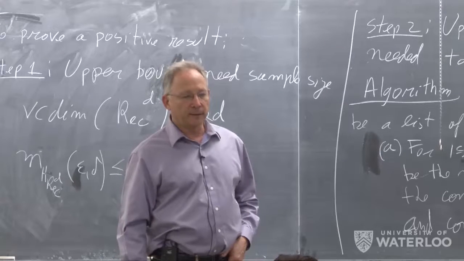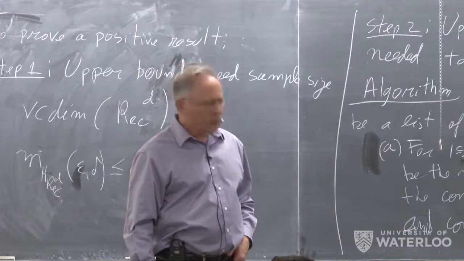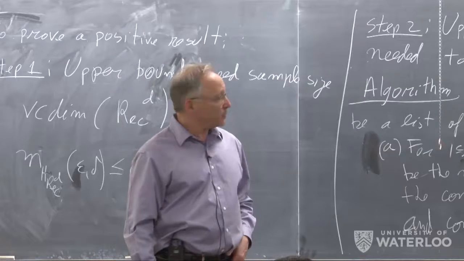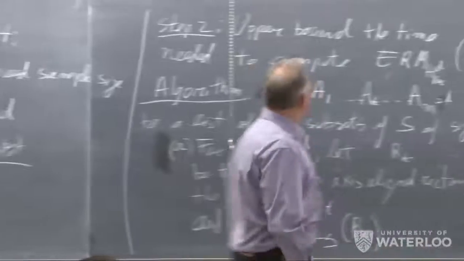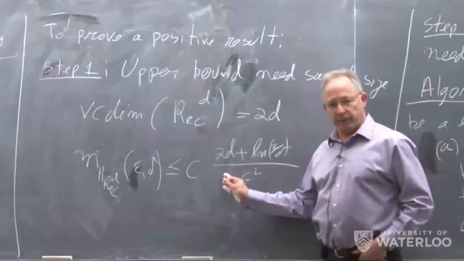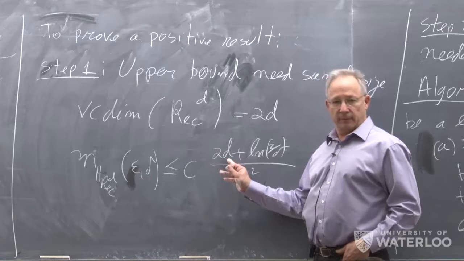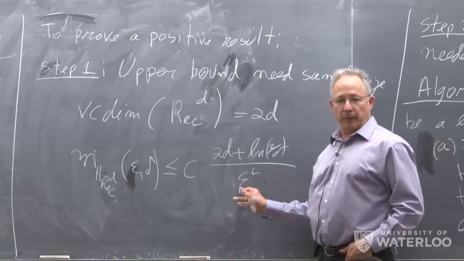Yes? Can we generally just say that since rectangles shatter our sample? The rectangles don't shatter our sample, because the sample is much bigger. You look at this, this is the sample size that we are picking. The biggest set that we can shatter is of size 2D. Now we're picking a sample of this size. Say epsilon is 0.1.